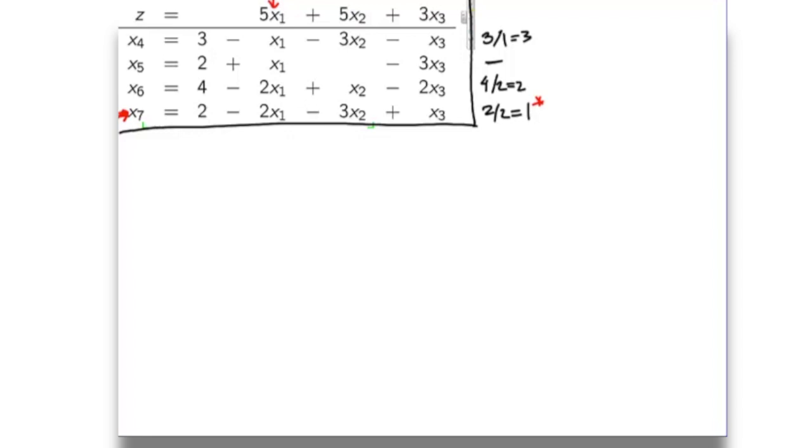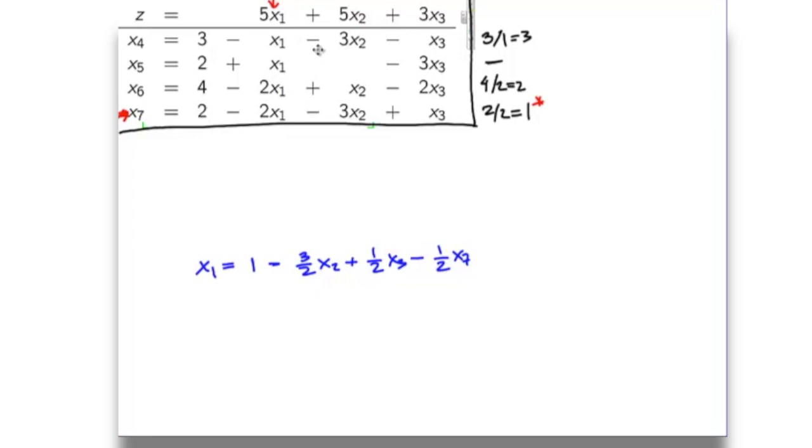This is easy to do from this row. We just move x1 to the left and then divide everything by 2. So we'll have x1 is 1 minus 3/2 x2 plus 1/2 x3 minus 1/2 x7. All right, so we got the expression for x1.